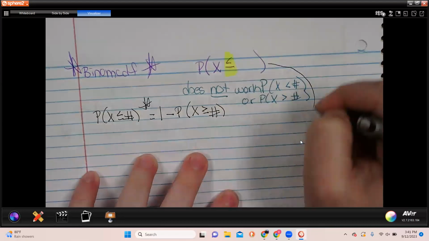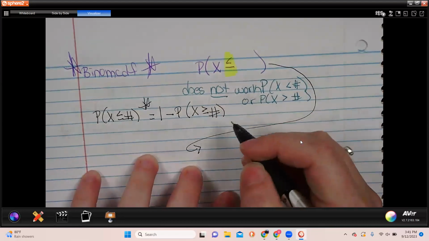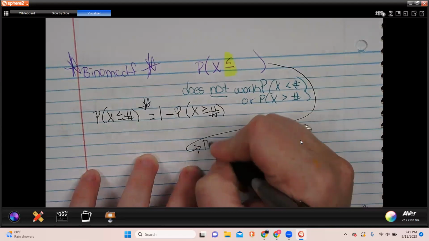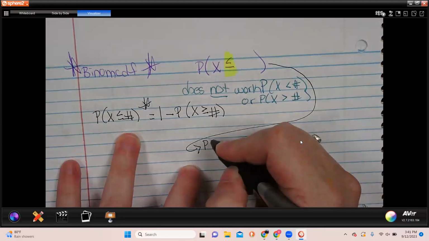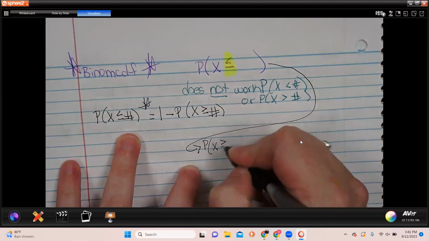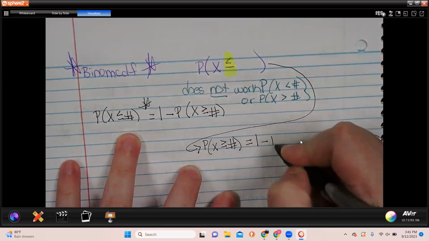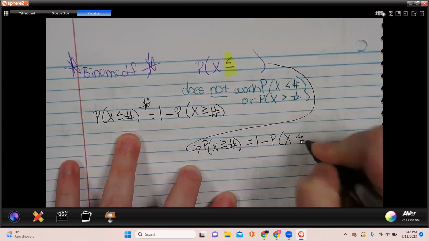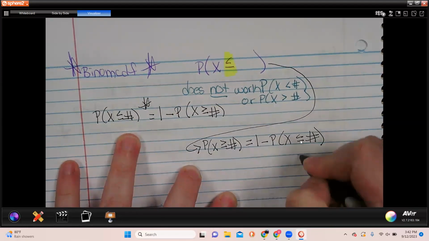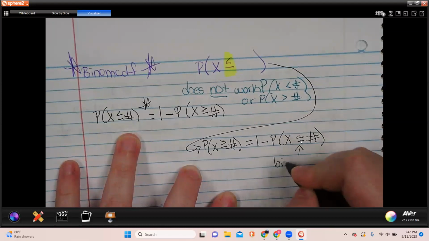So the second version of this is the probability of X greater than or equal to a number is equal to 1 minus the probability that X is less than or equal to that number. So this right here is the one that works for a binomial CDF.